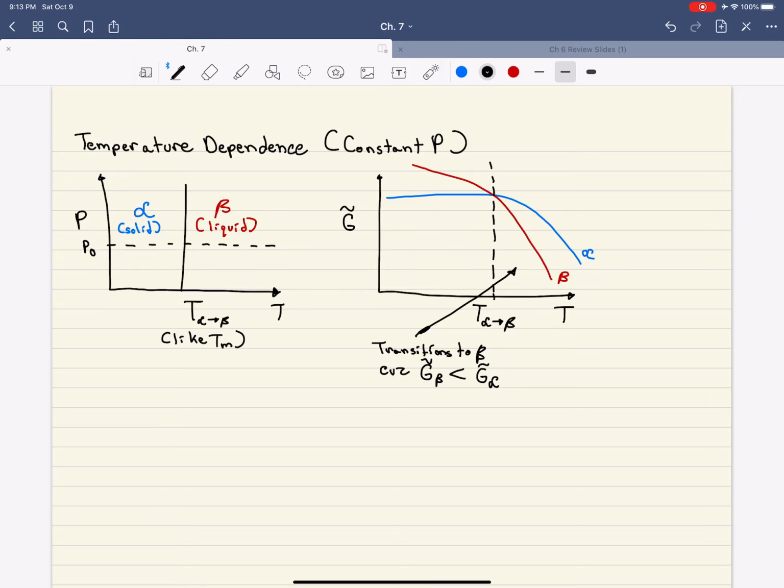Okay? Right? So conceptually, that's what's going on. That's why we see the material go from the alpha to the beta phase as you increase temperature.